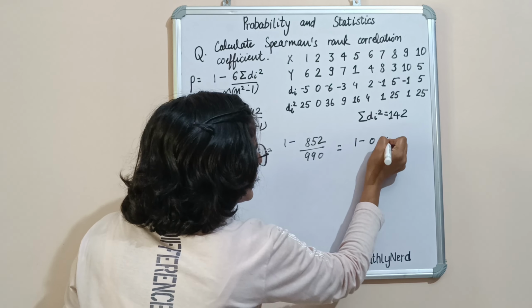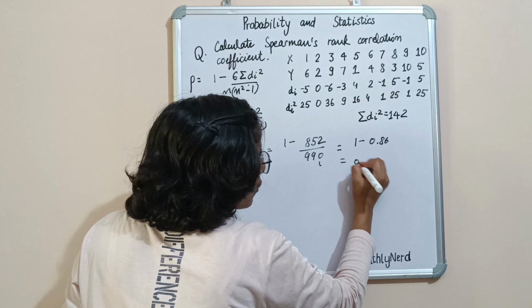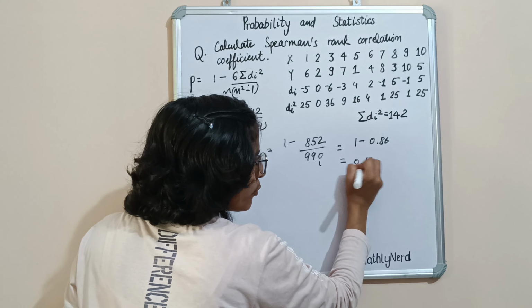If we calculate this value, it equals 0.86. So our rank correlation coefficient will be equal to 0.14.